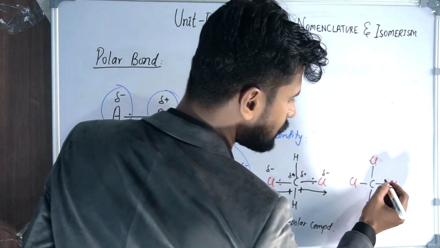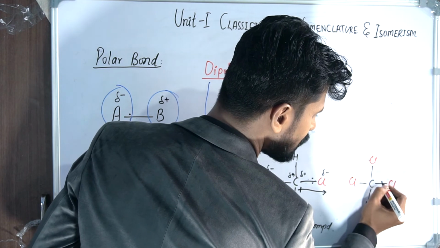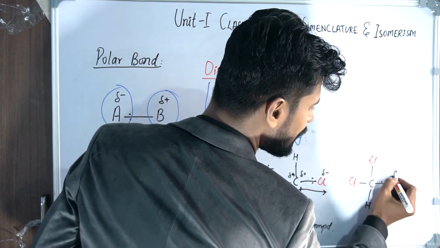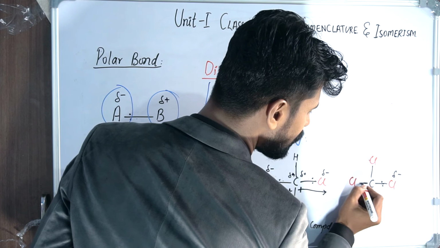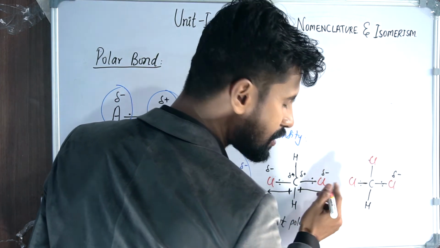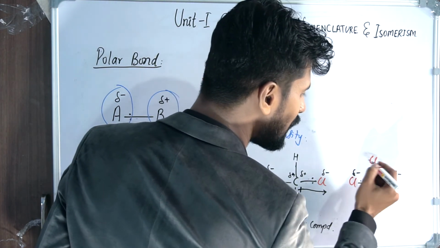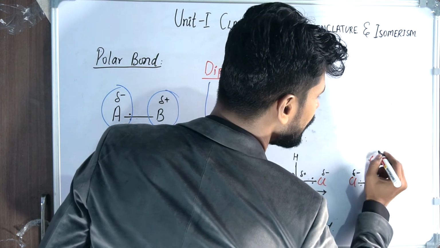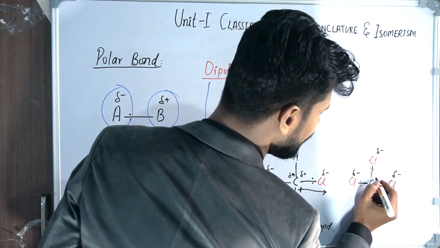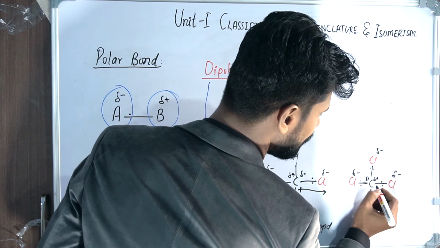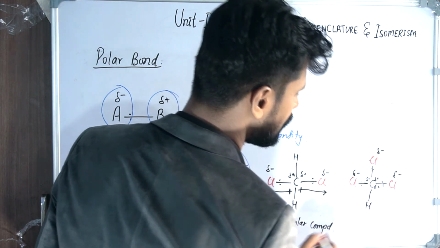If you see here, the bonding electrons will move towards chlorine. As a result, delta negative. Here also, the bonding electrons will move towards chlorine because chlorine is more electronegative, delta negative. Here also the same thing, delta negative, and three delta positives.